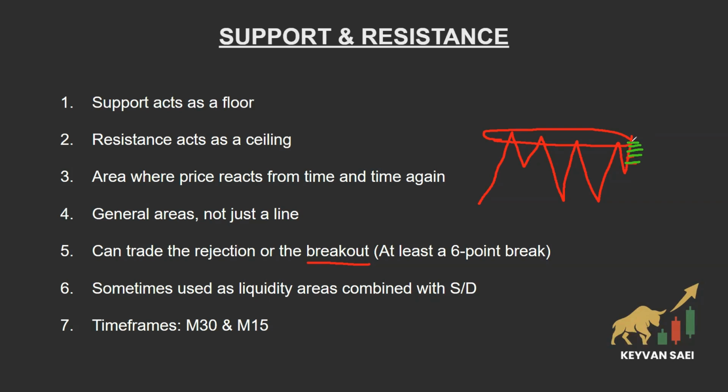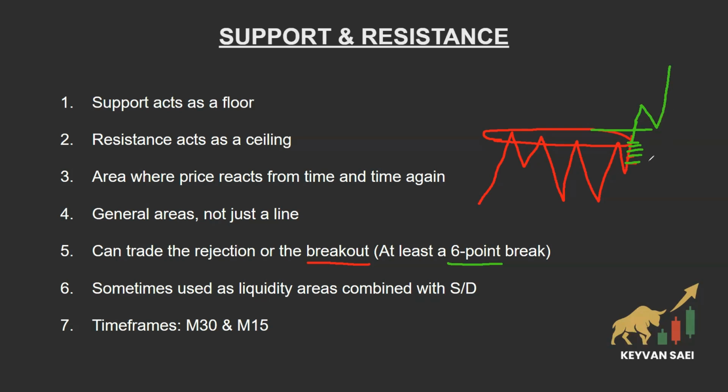So then I want to see a proper break of this, and there are multiple ways of confirming the actual break of this resistance level. As I said here, a 6-point break on the S&P, which is just what I trade. I've seen that generally a 6-point break of this level, so the high of this level, basically, if it's 6 points above it, then for me that's a confirmed breakout, and then I would wait for some sort of retest with all my different entry patterns, which I'll for sure make videos on, as I use Bookmap and order flow, footprint, and all that to confirm my entries.